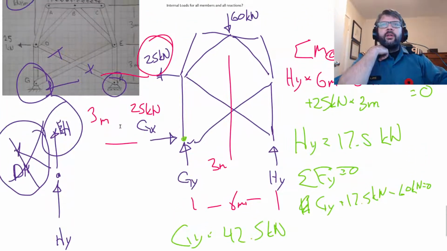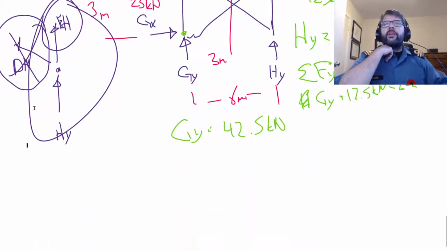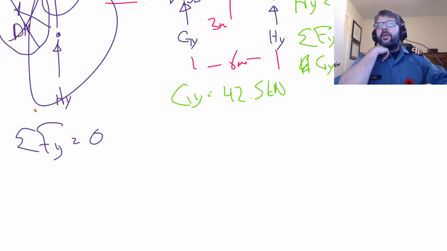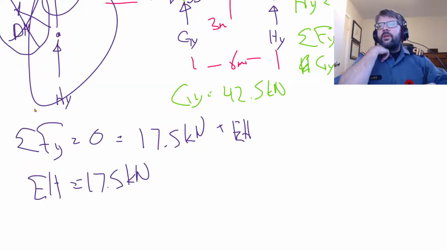Having said that, if we want this thing to balance, obviously when we do our sum of the forces in the Y direction is equal to 0, that's equal to 17.5 kilonewtons plus EH. So EH needs to be negative 17.5 kilonewtons. So that's compressive.